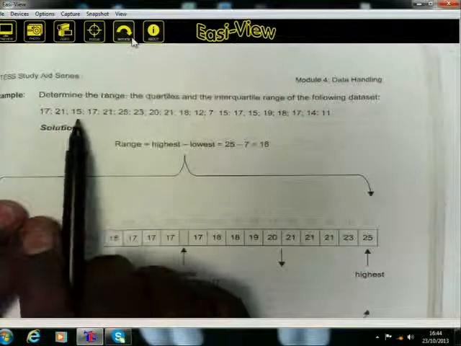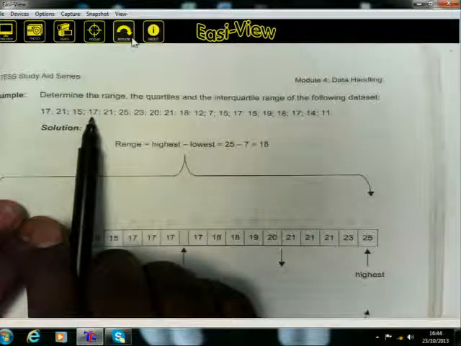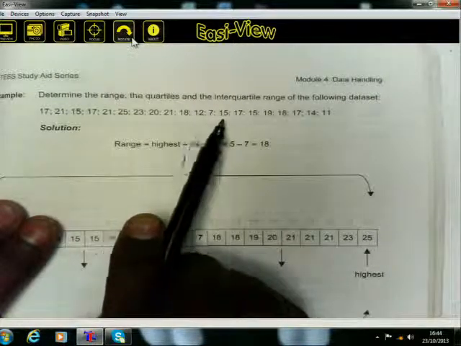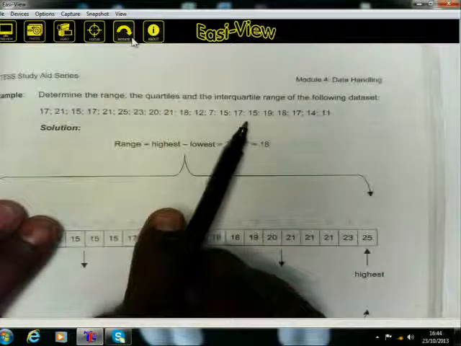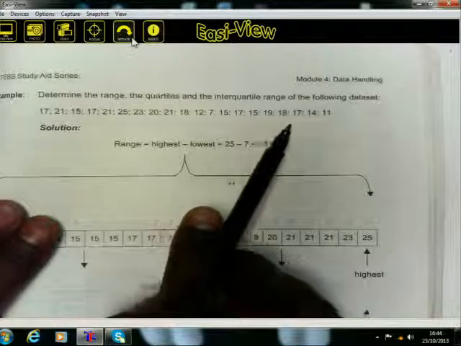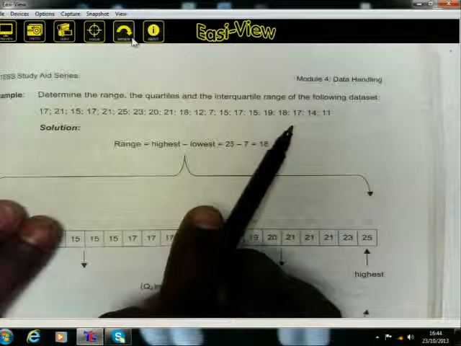It's 17, 21, 15, 17, 21, 25, 23, 20, 21, 18, 12, 7, 15, 17, 15, 19, 18, 17, 14, and 11. Let me reread the numbers again.